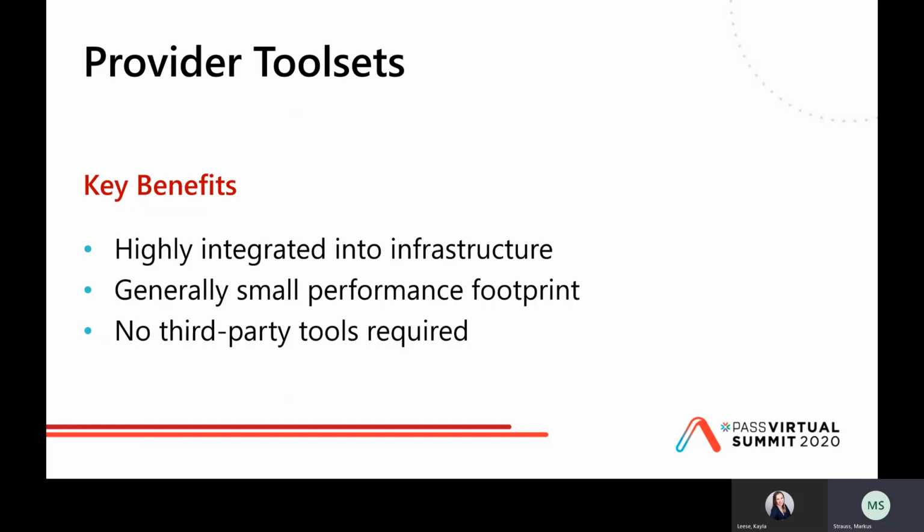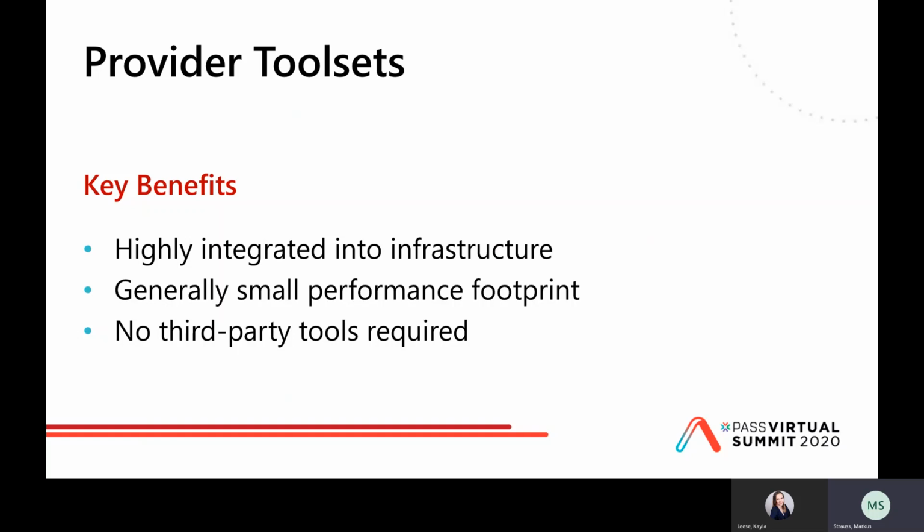And because it is built from very often the ground up to work within that particular environment, the performance footprint is generally very small. And again, especially in the database world, performance impact on anything that we do on the database or on the host machine or anywhere within that chain between the application and the database is something that we all, I'm sure, are very, very aware of, and we're all very careful about.